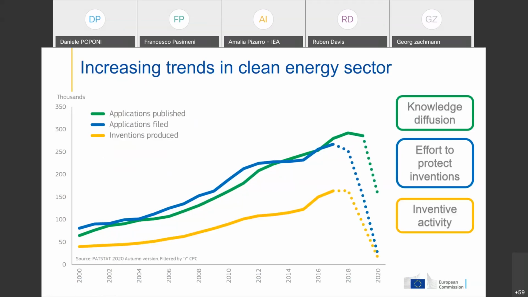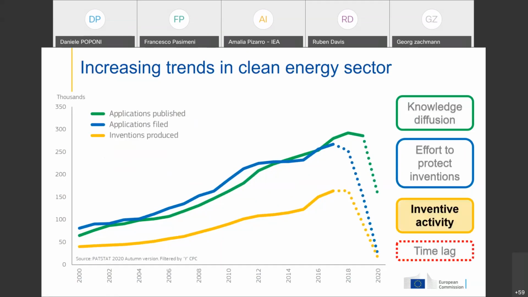And when we analyze inventions, avoiding double counting of patent applications that protect the same invention, we are analyzing the inventive activity. Of course, these three indicators come with different time lags, as we've seen before, because of the patenting process and the data availability.